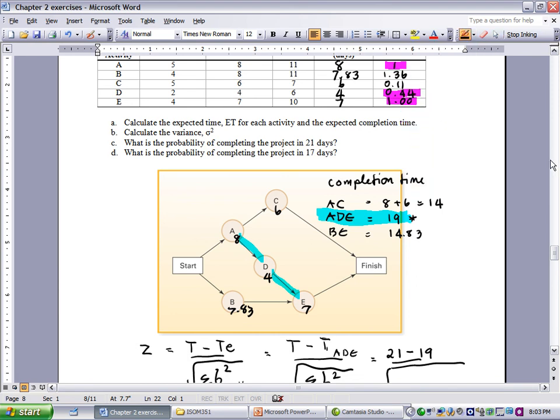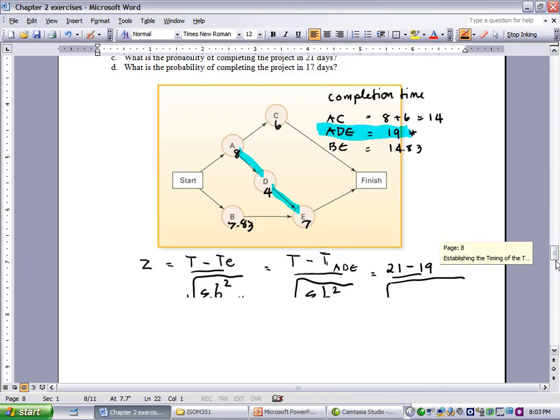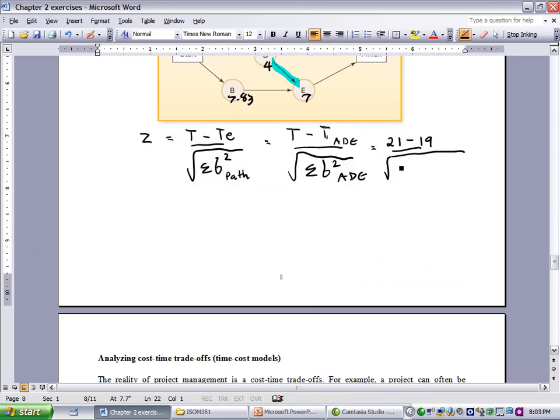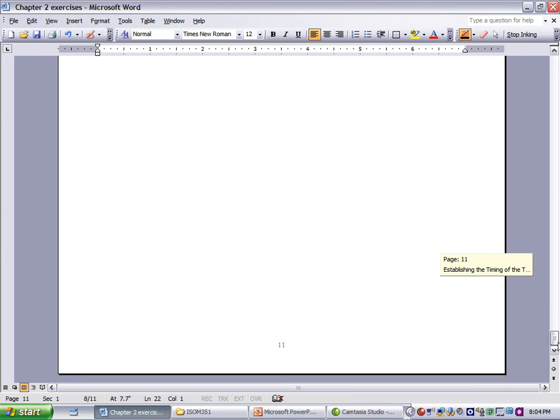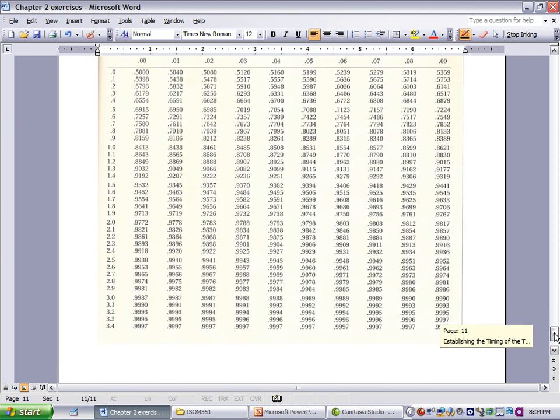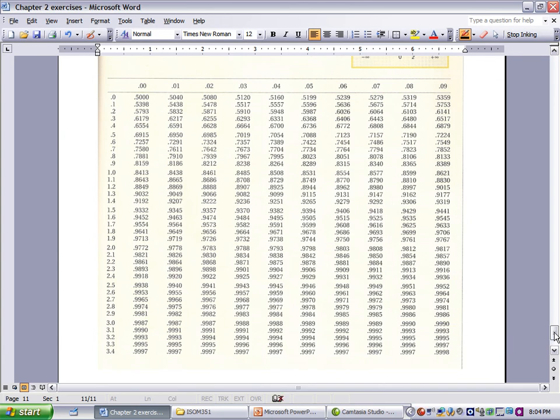It could be 1 plus 0.44 plus 1. After that, you will find that Z equals 1.28. Then we go back to the back of the package to find 1.28.